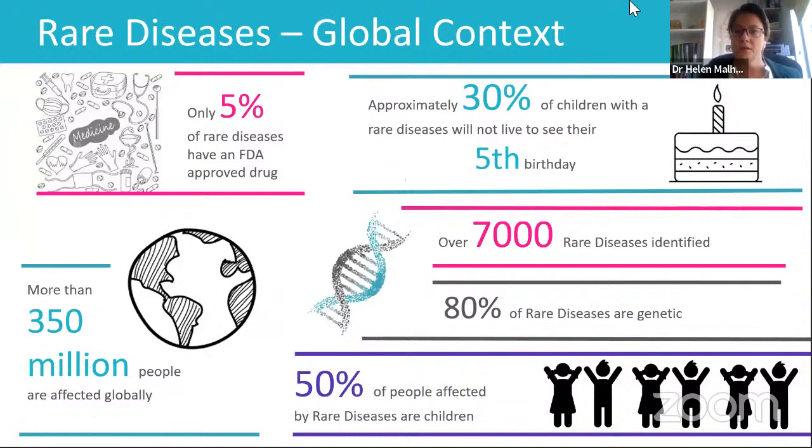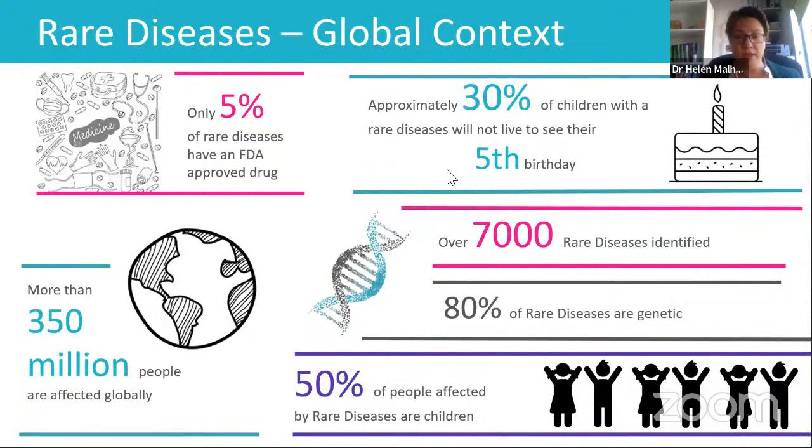As already outlined by many of the speakers, I just want to give that global context for rare diseases. We know that more than 350 million people globally are affected by a rare disease. We know that only 5% of those have an FDA-approved drug. 50% of those affected by rare diseases are children, and about 30% of those children won't live to see their 5th birthday.